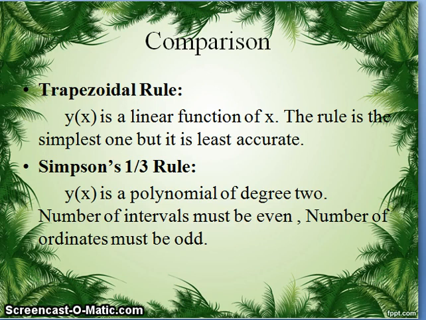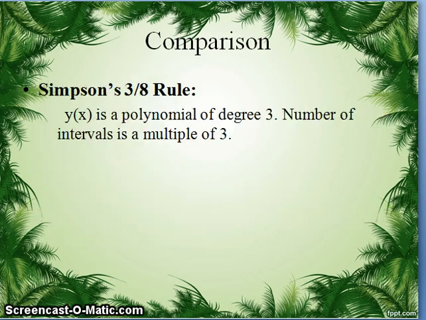When we are going for the Simpson's 1/3 rule, it is a polynomial of degree 2 and it is not a linear function, and the number of ordinates must be odd and the number of intervals must be even in Simpson's 1/3 rule. When we are going for the Simpson's 3/8 rule, this rule contains a polynomial of degree 3 and the number of intervals must be a multiple of 3.